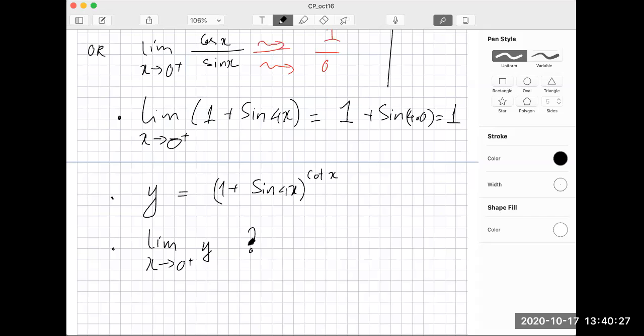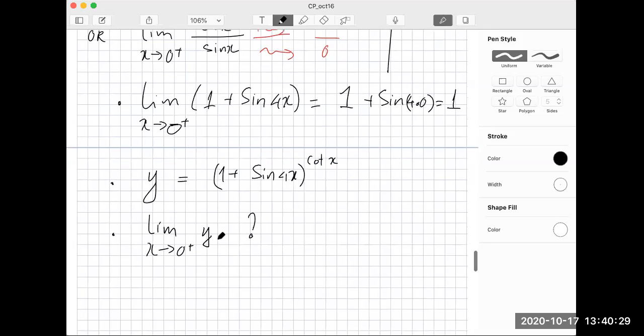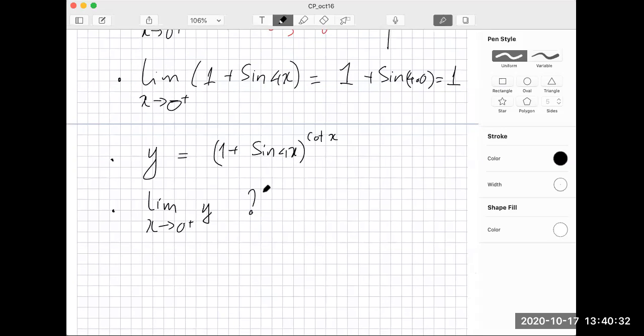Okay, now instead of writing y, we can write it as the limit of x approaches 0 plus of e to the natural log of y. Is that okay?